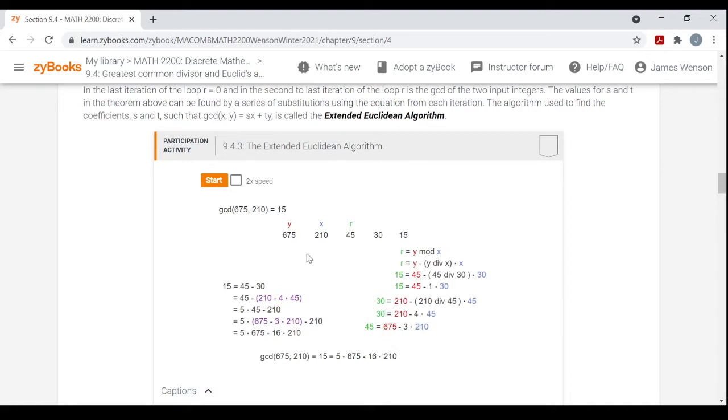And then now you should be able to express 15 as a linear combination of 675 and 210, which they've done down here. See, 15 is 5 times 675, plus negative 16 times 210. Right. So let me show you on paper how I would do that.